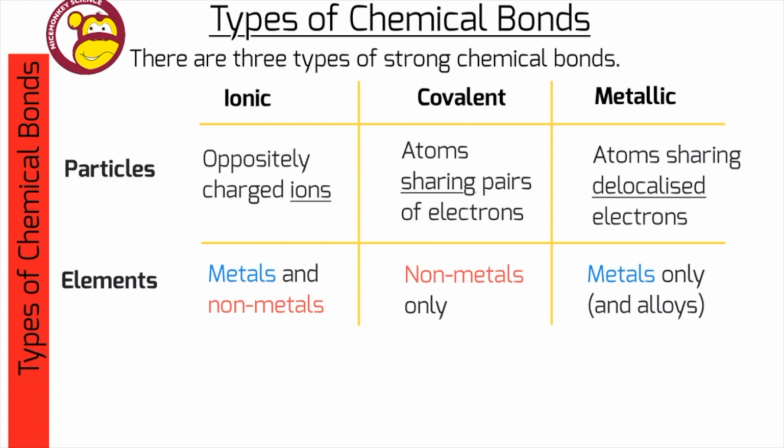An example of covalent bonding could be methane, CH4, all of which are non-metals, or CO2, H2O. And then finally metallic, that's just the type of bonding you find in all metals, so gold, silver, tin, etc.